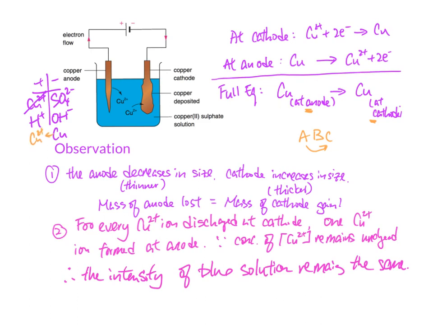So you find that the Cu2+ ion is actually the same all the time. Therefore, for this setup, the electrolyte remains more or less the same in terms of concentration, and whether it changes to another substance, it is the same after the reactions. The only difference is the size of the electrode.